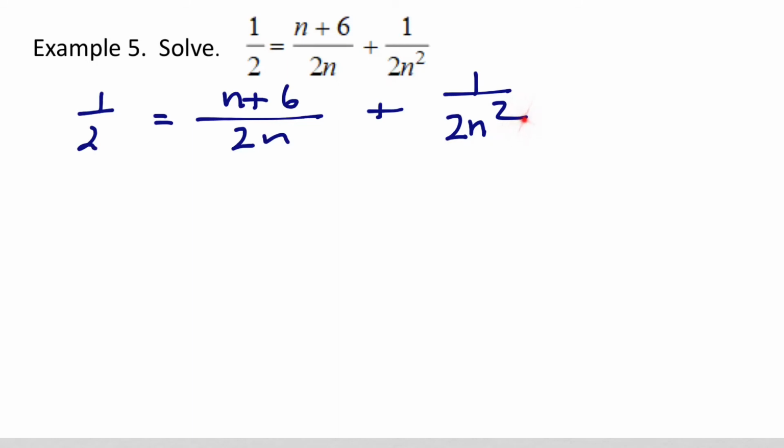Okay, so you can't decrease the number of things in the denominator, but you can increase the number of things in the denominator. So I'm going to have to take this one and go up to n squared because my tool is multiplication. So with multiplication, you can only increase the stuff that you've got. All right, so I need to go to 2n squared.